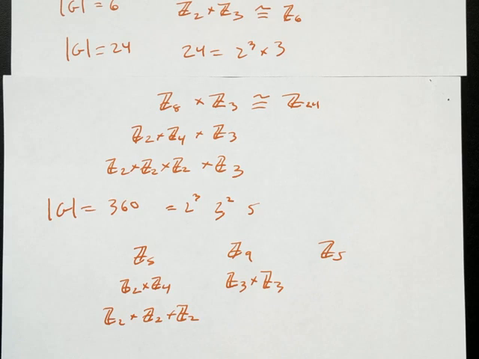There is another version of this. I call this the primary factor version. There's another version called the invariant factor version.